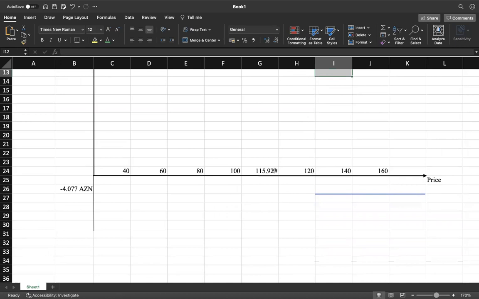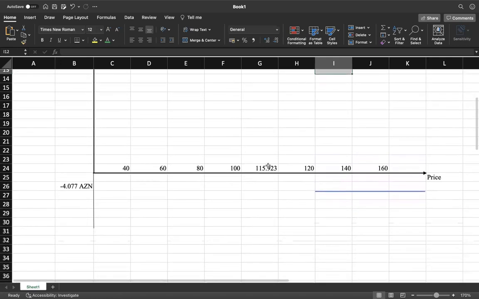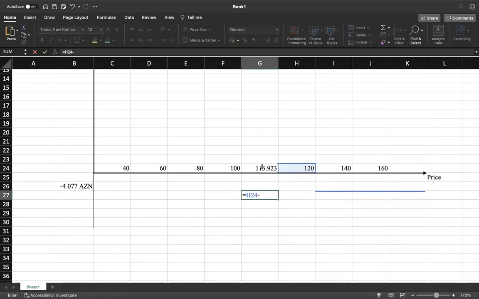If I sell my share at strike price and the spot price of this stock is 115 point something, I have a profit of 120 minus this price.